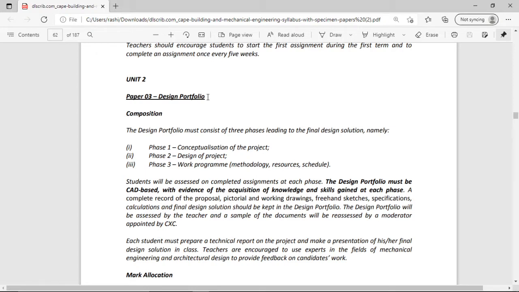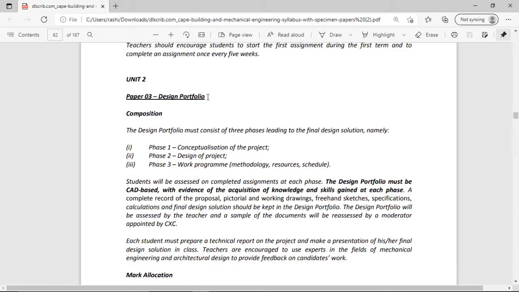So what this is saying is that everything that you have will be a part of the portfolio: your sketches, your proposals, your working drawings, your freehand sketches, your reports, and everything, and that shows work over time.